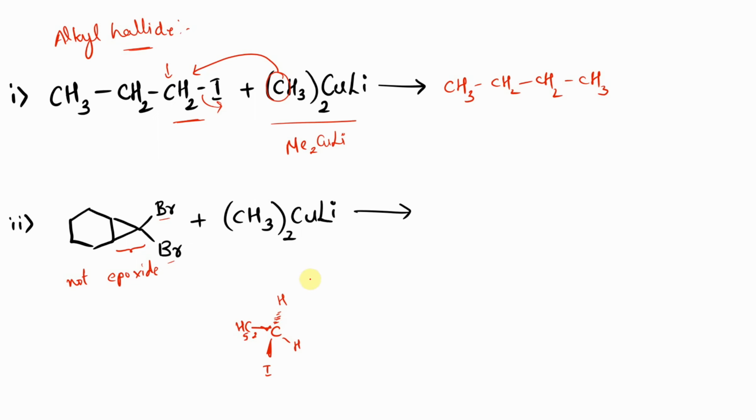When the CH3 group attacks, the CH3 carbanion, being a nucleophile, attacks the carbon from this direction. As a result, this bond breaks. So this is a single step reaction carrying out an SN1 mechanism, sorry, SN2 mechanism. Therefore we get a hydrocarbon in a single step itself.